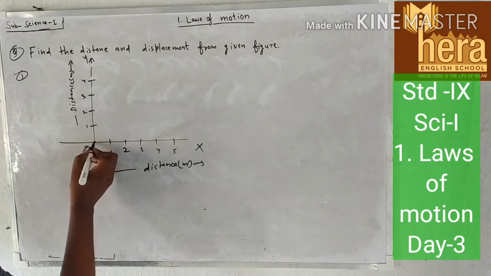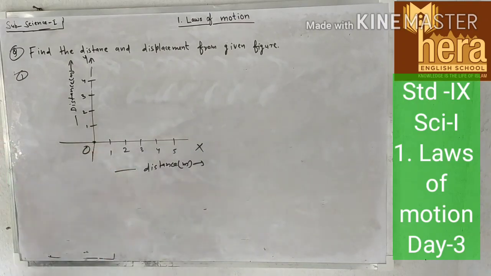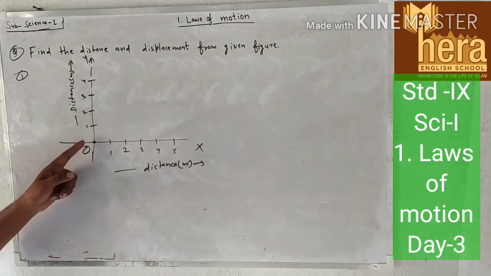Initially, the object was at point O, or 0.